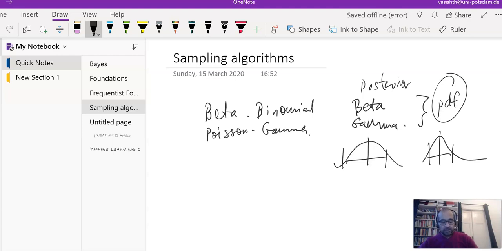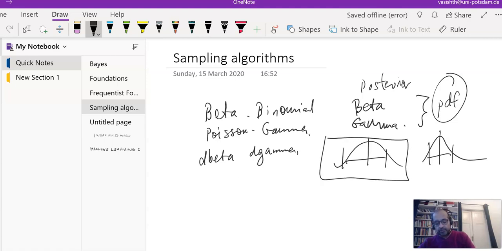Even in R, we could use the dbeta and dgamma functions to summarize the shape and properties of this distribution, namely the mean and the lower and upper bounds of some kind of credible interval, which marks the range over which we are 95% sure that the values lie.